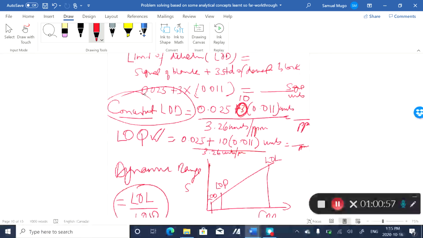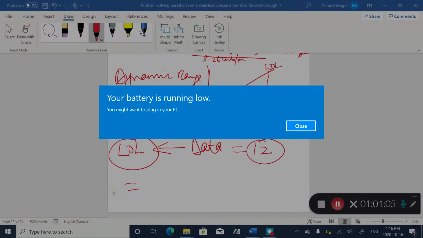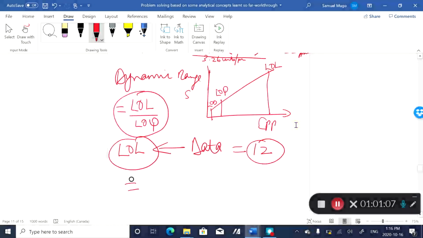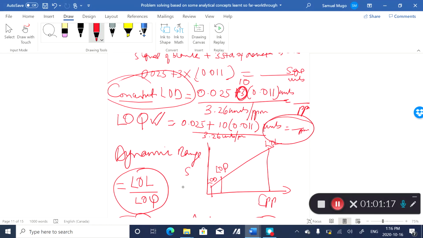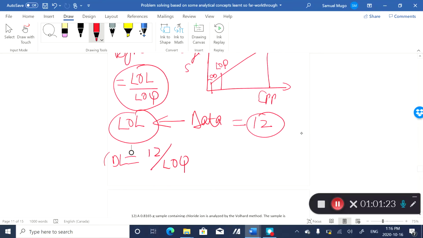So the limit of linearity in this case is actually going to be 12. Dynamic range then is going to be 12 divided by the limit of quantification, which you calculated up there. Whatever number you get, that ratio is your dynamic range.